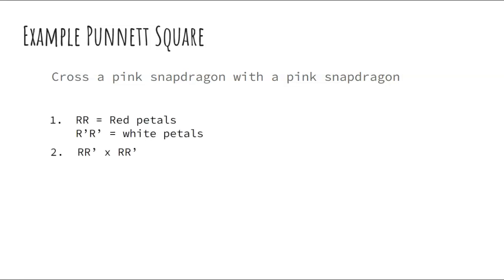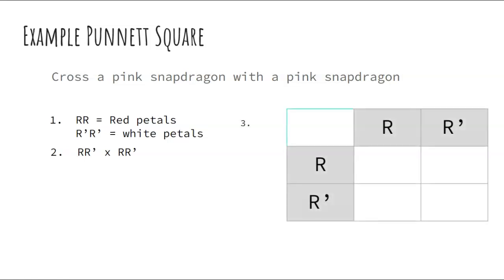Using the allele key from the previous slide, R is red, R prime equals white, and our parental genotype is RR prime, because that's the heterozygous genotype, crossed with RR prime. Once we have this, we're going to throw these parental genotypes up onto our Punnett square. So let's do that right now.